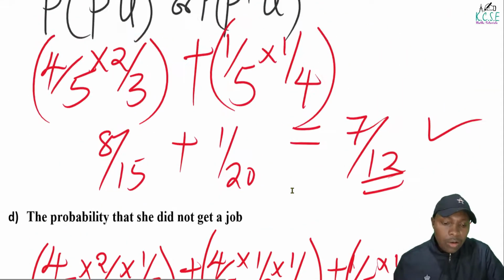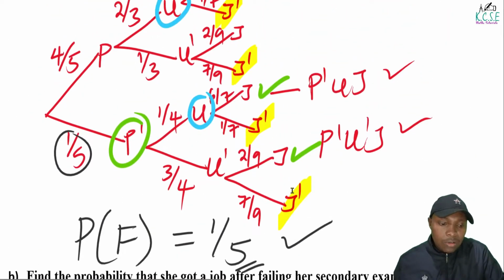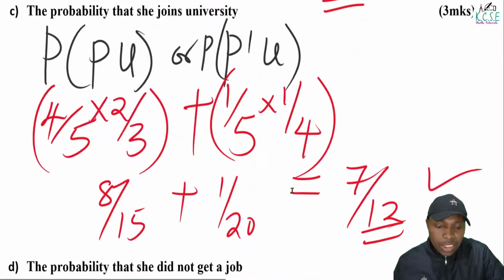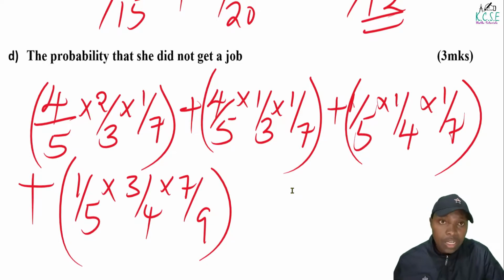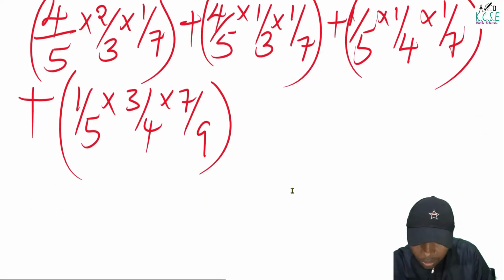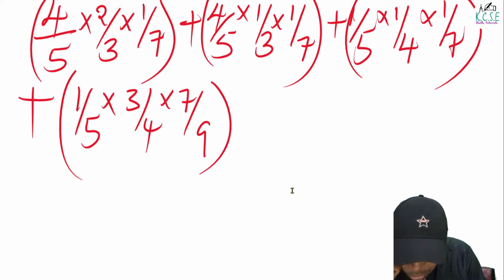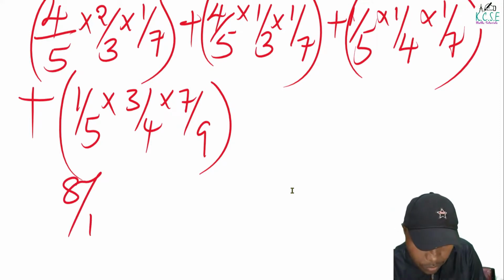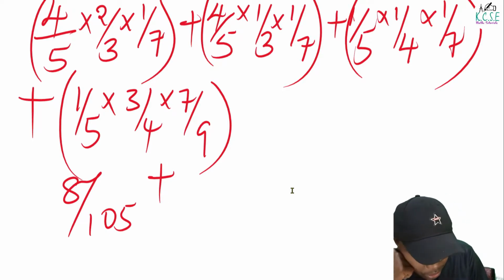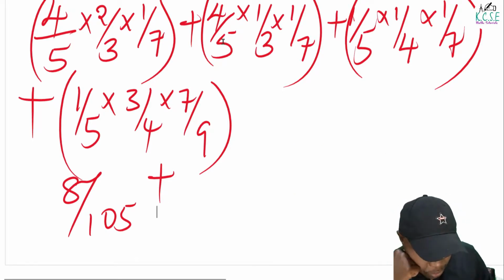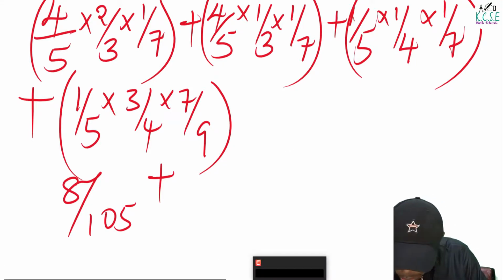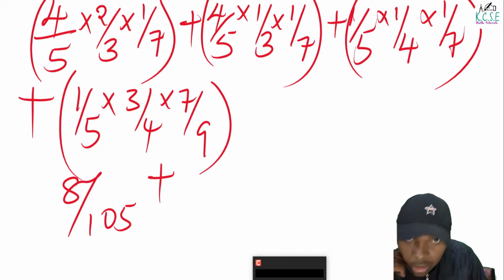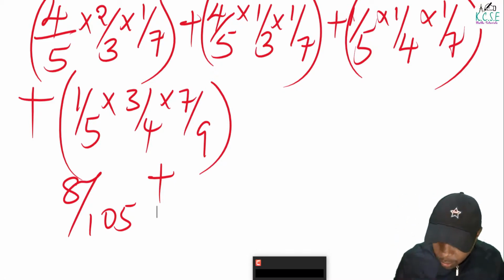So when we add all these probabilities, that now represents the probability that she did not get a job. So the first one, when you work it out, simplify, this will be 8/105, plus the second one will be, when you multiply these, you get 28/105.